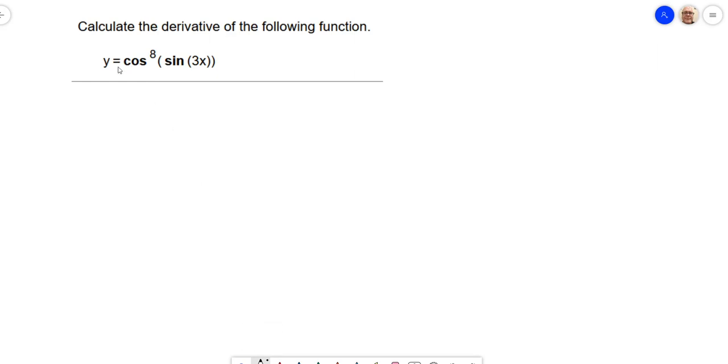Now, one thing we need to know is that when I say, for example, sine squared of x, that's really shorthand for the sine of x quantity squared. So we're going to use this idea to start this off.